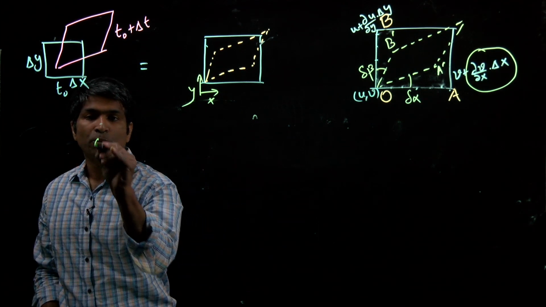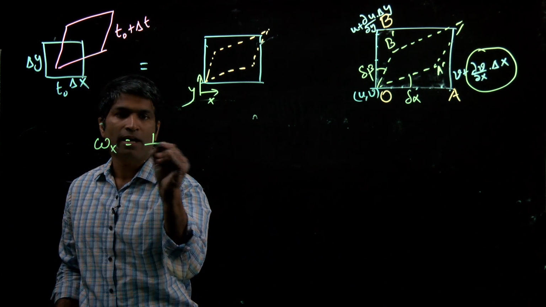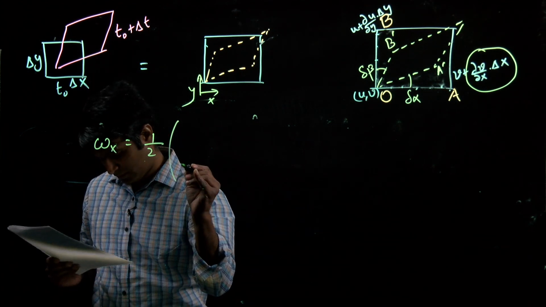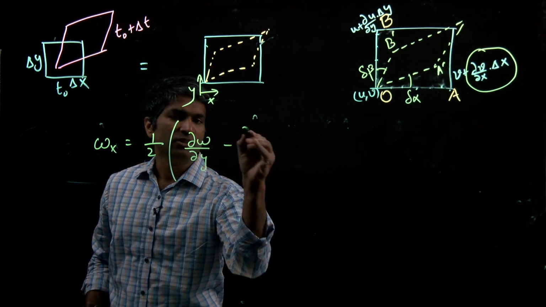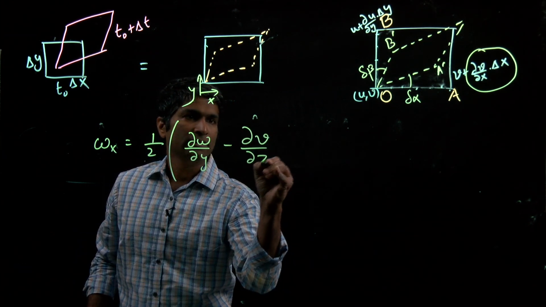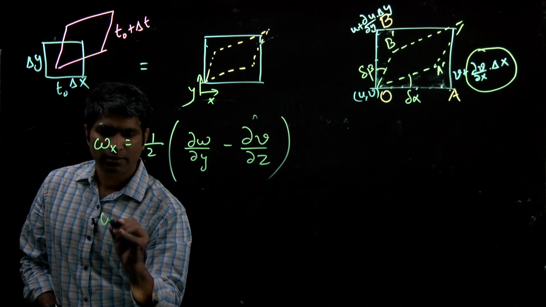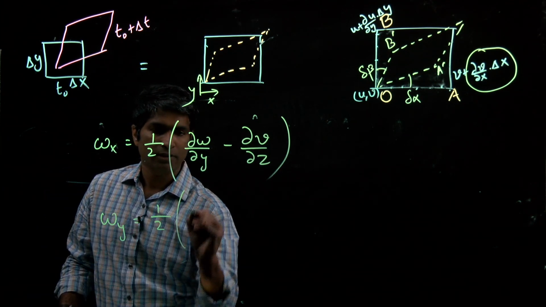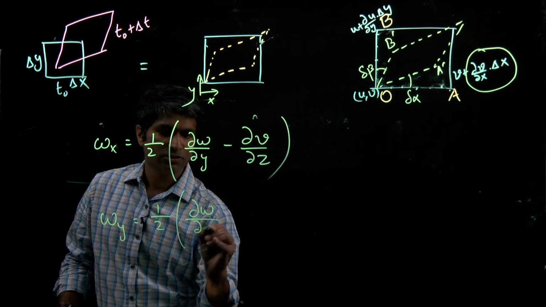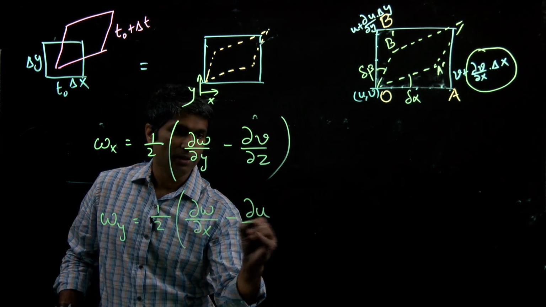So similarly, omega x would be half del w del y minus del v del z, and omega y would be half del w del x minus del u del z.